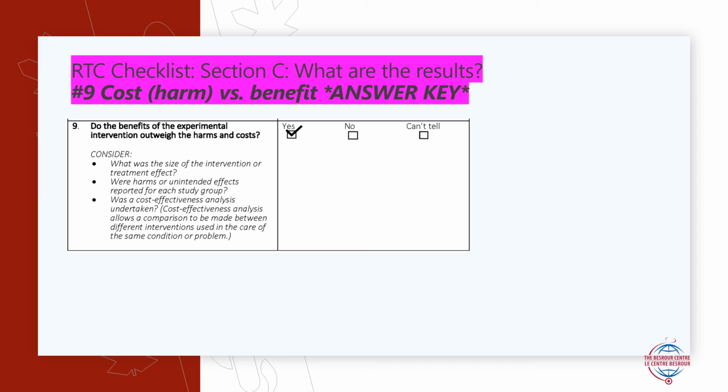And a cost effectiveness analysis wasn't undertaken. The authors do reiterate that this was a rapid response to the pandemic. It was rapidly conducted research, so in the spirit of doing things well and rigorously, but also quickly, they had to limit the kinds of data and the amount of data that they collected.